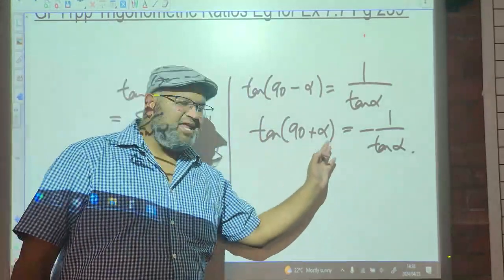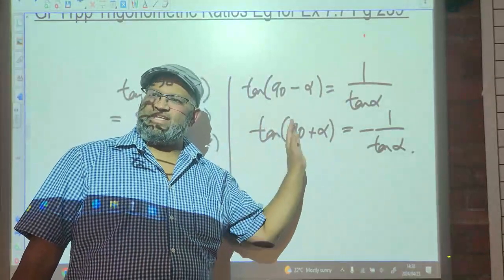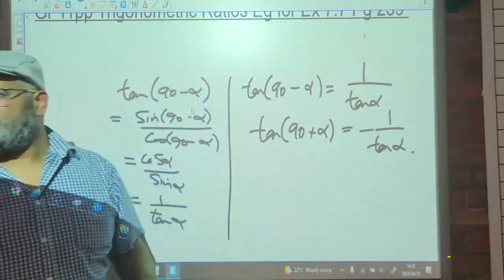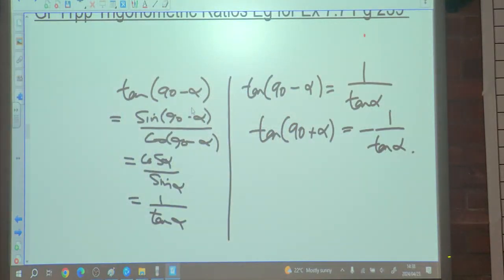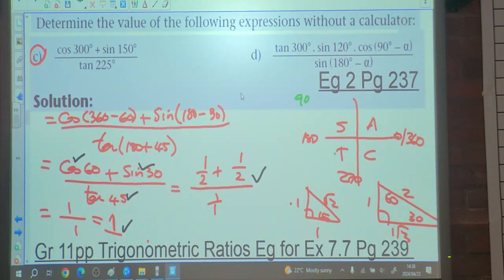Or you say 270 plus alpha, quadrant 4, tan is negative 1 over tan alpha. But as I said, you don't need this. Tan is written as sine over cos. Any other confusion here? You will understand.